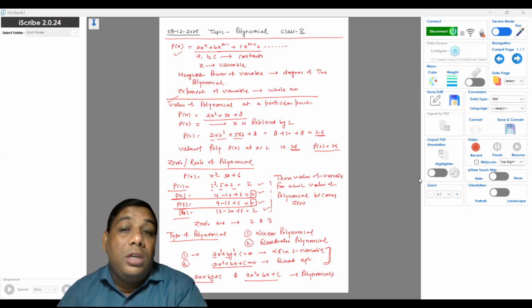So 2 and 3 are known as the zeros of the polynomial.